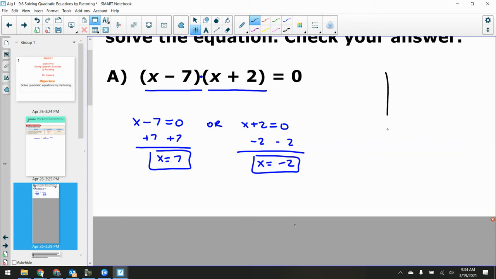A normal standard quadratic, how many zeros do you see? 2. There are 3 different options that you could have. You could have 2 zeros, 1 zero, or none at all. This is the option in equation form where I have 2 different zeros.